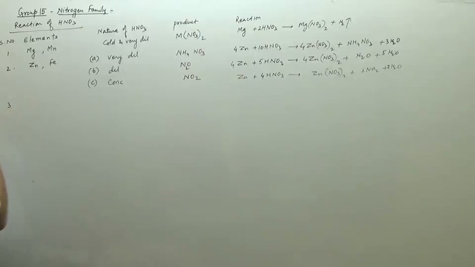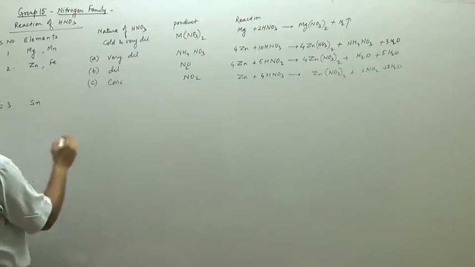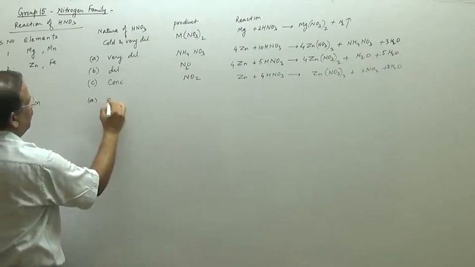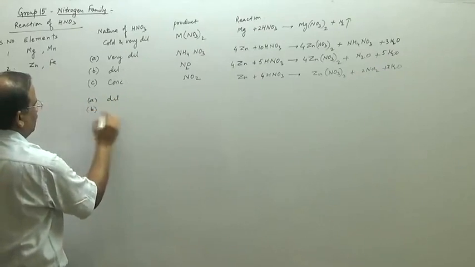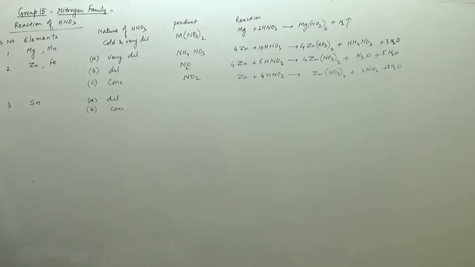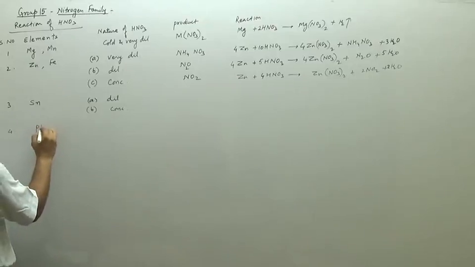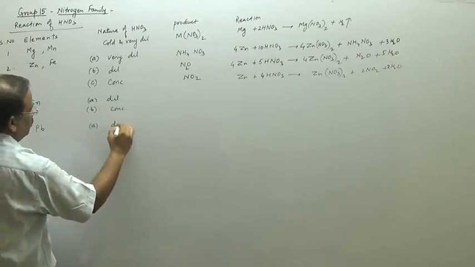Next is the reaction of tin. With tin, you can write dilute and concentrated. Similarly, with lead, with dilute and concentrated.